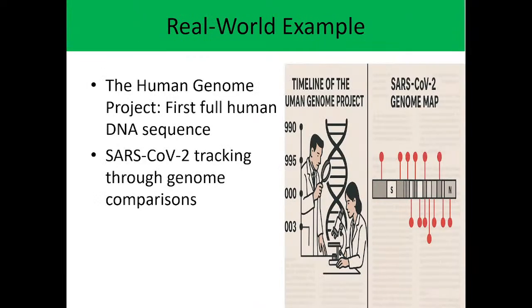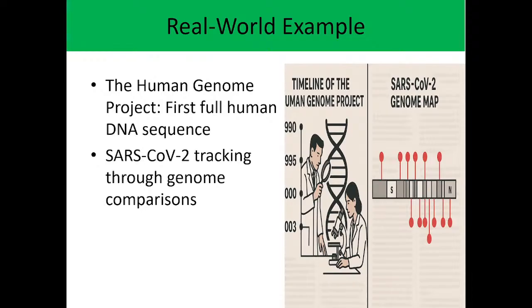Now, we just want to pick two real world examples. Even if you don't know any other thing, at least these two real world examples should be able to explain why and how relevant bioinformatics is to us. The first real example is the Human Genome Project, which contains the full human DNA sequence.